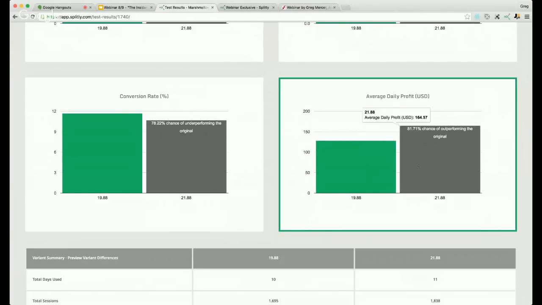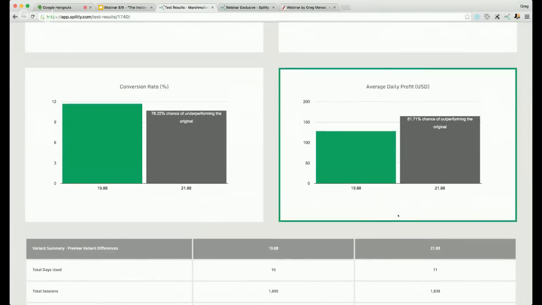That's about $40 a day, which would be like $1,200 a month. If you factor that over the course of an entire year, we're talking like $10,000 or $15,000 in lost profit. So I was kicking myself, like, wow, I can't believe we didn't test this earlier.